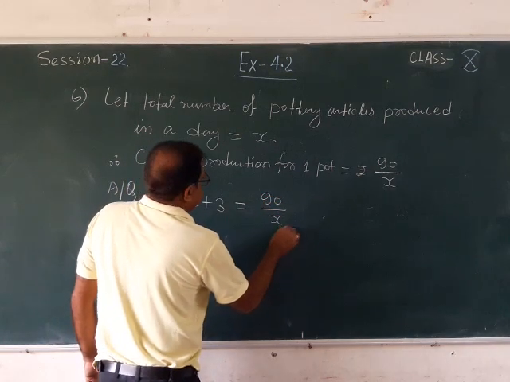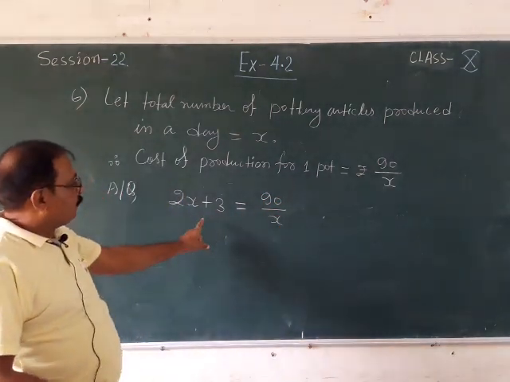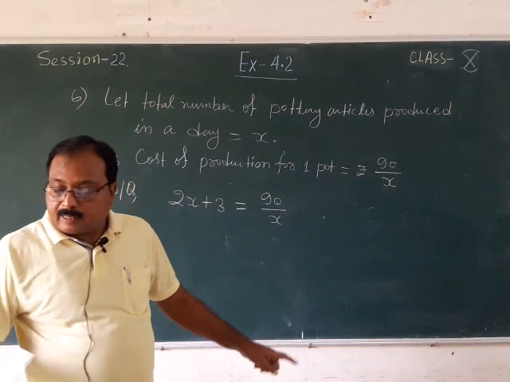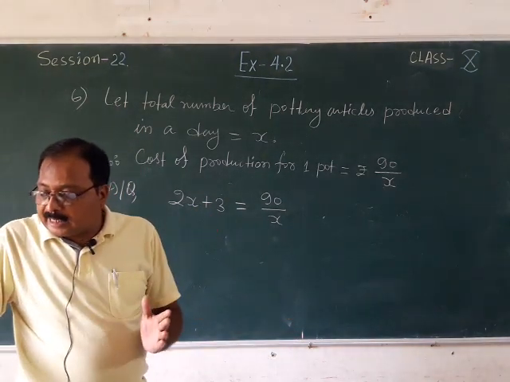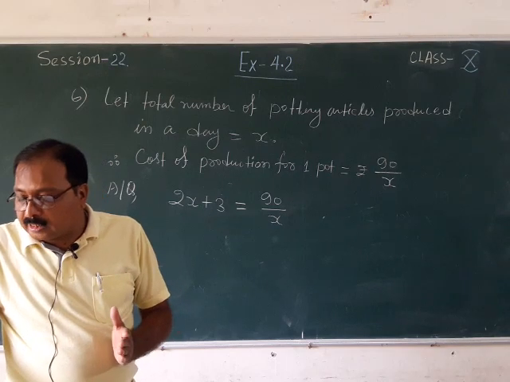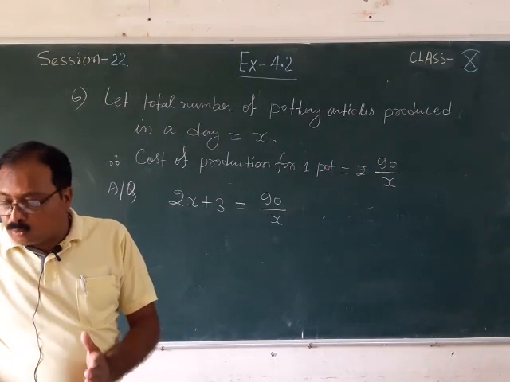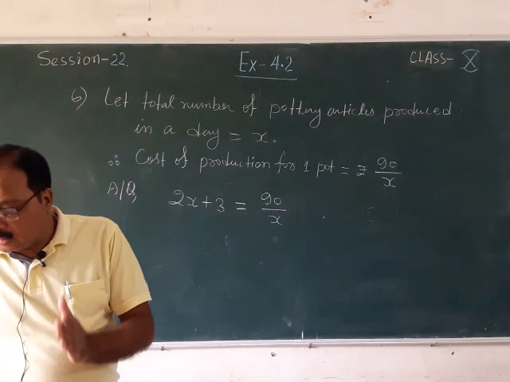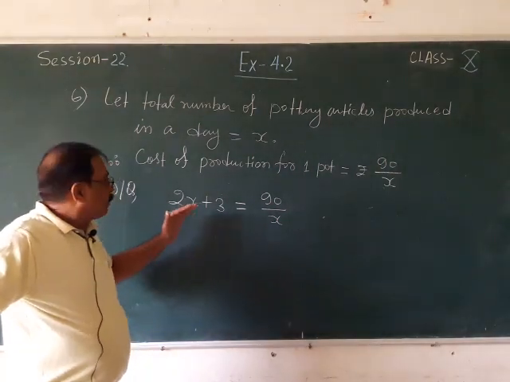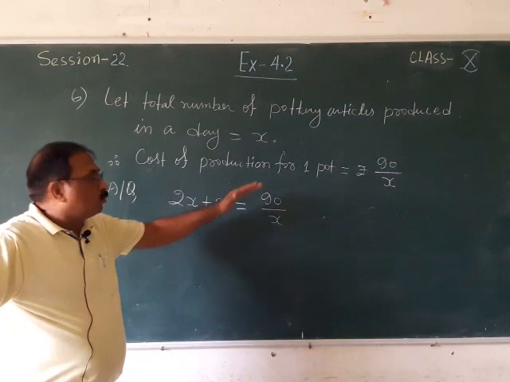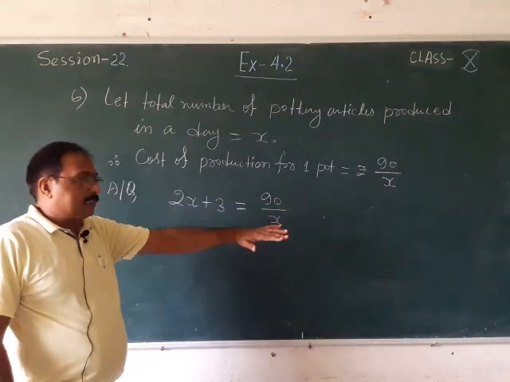Why is it written 2x plus 3? That is clear, since the cost of each article was 3 more than twice the number of articles produced.